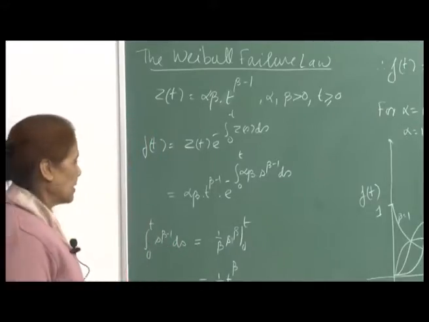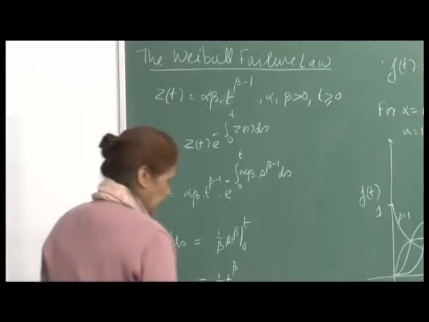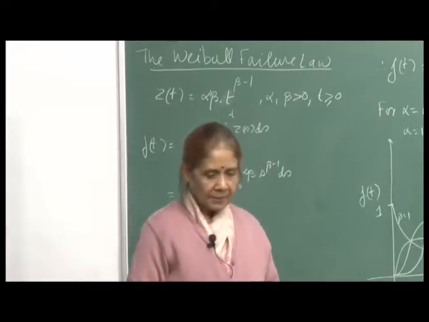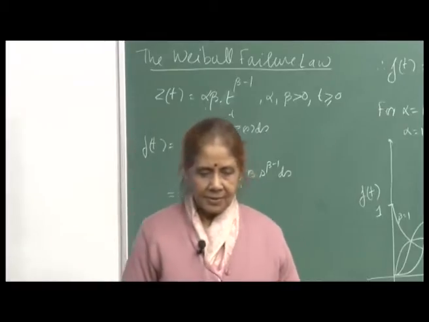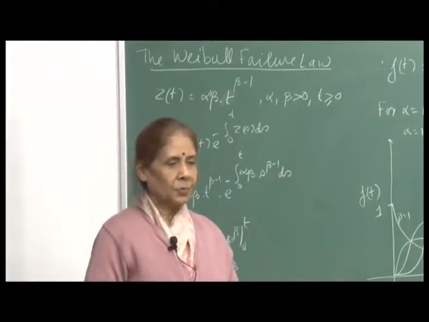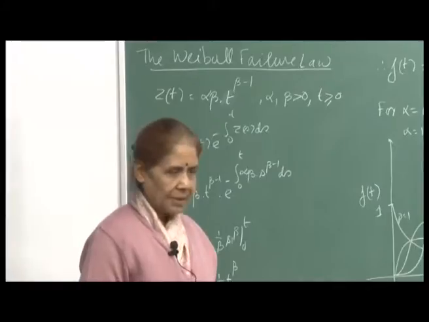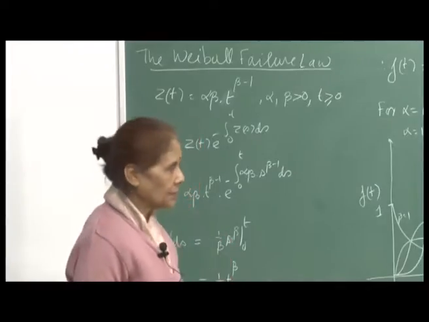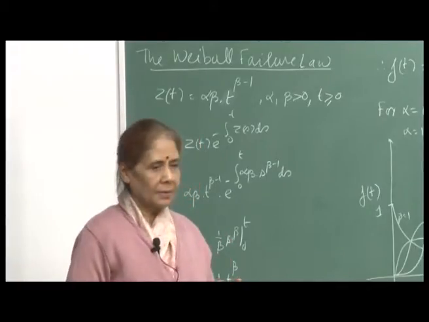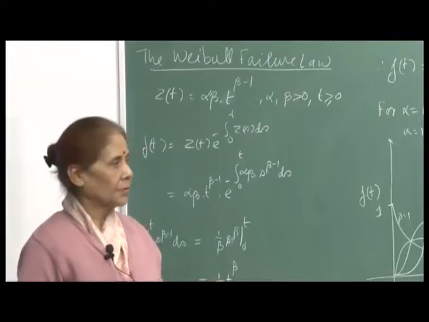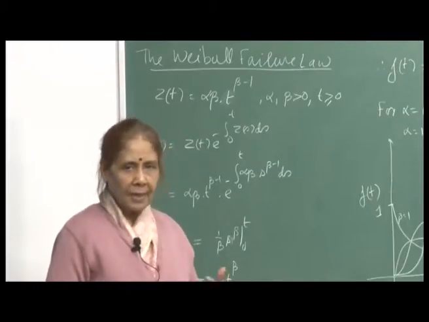So let us look at it. The idea here is that the constant failure rate was only applicable to a special kind of component for which there was no wearing out effect.